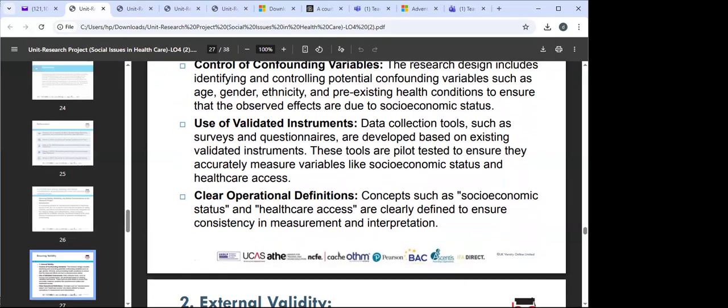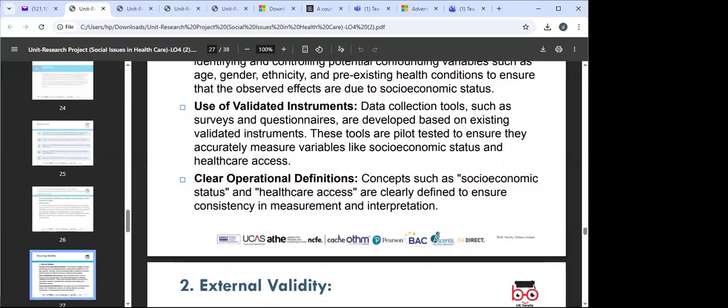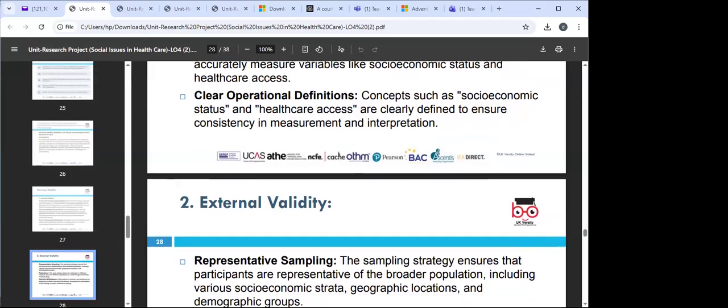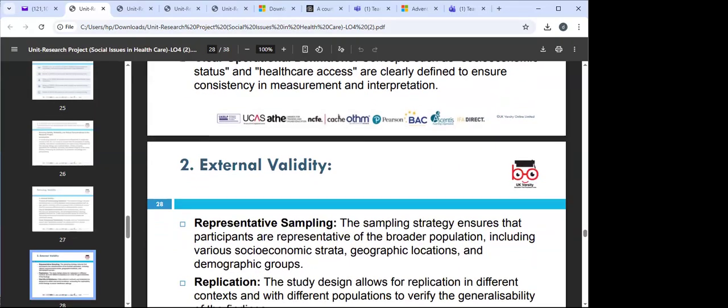And then validated instruments. Data collection tools such as surveys and questionnaires, I mentioned this severally, are developed based on existing validated instruments and are pilot tested to ensure they accurately measure. Clear operational definitions: concepts such as socioeconomic status and healthcare access are clearly defined to ensure consistency in measurement and interpretation.